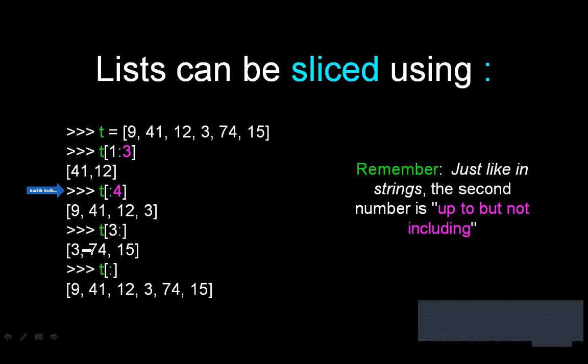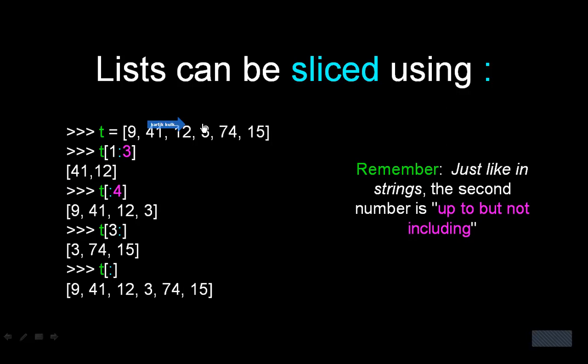So that's why here you will get the output 9, because here index number 0, index number 1, index number 2, and then index number 3. The last index number that I have specified here is 4, so 4 is not going to be included. The element present at index number 4 will not be displayed at all.